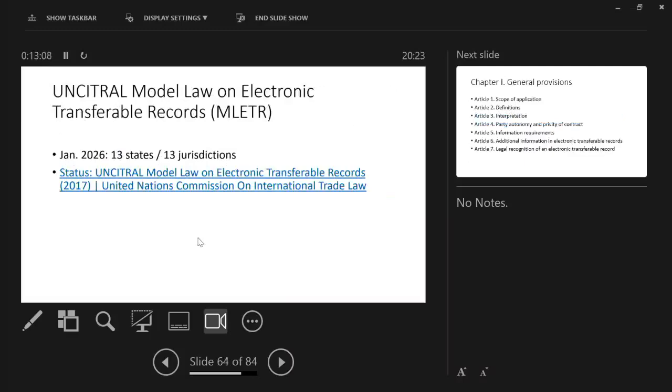Model law on electronic transferable records. This one is relatively new, and you will see quite a lot of references to it in those two digital trade initiative documents that I've given you from the ICC. There's a view that this document, if implemented, could provide sufficient legal basis to support electronic versions of things like bills of lading.